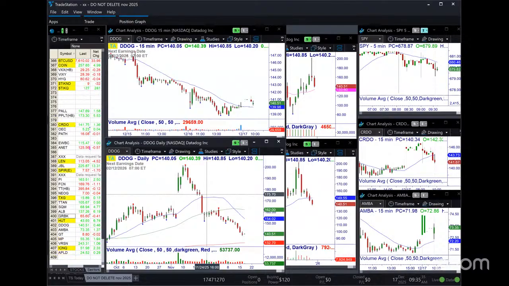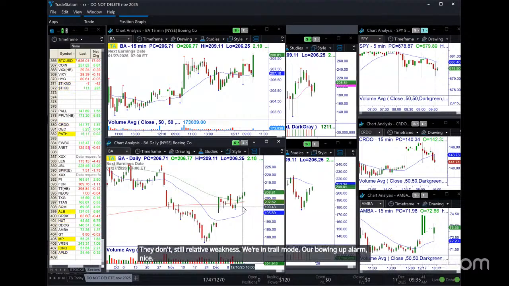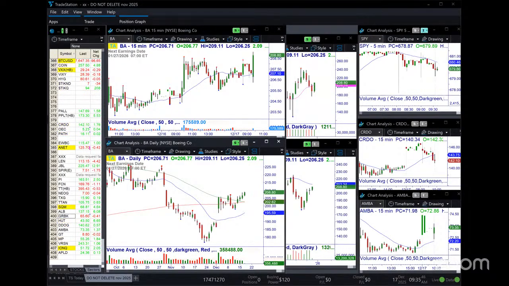D-Dog, still relative weakness. We're in trail mode. Our Boeing up alarm, nice. Move the stop, 204.38. Midpoint, 202.